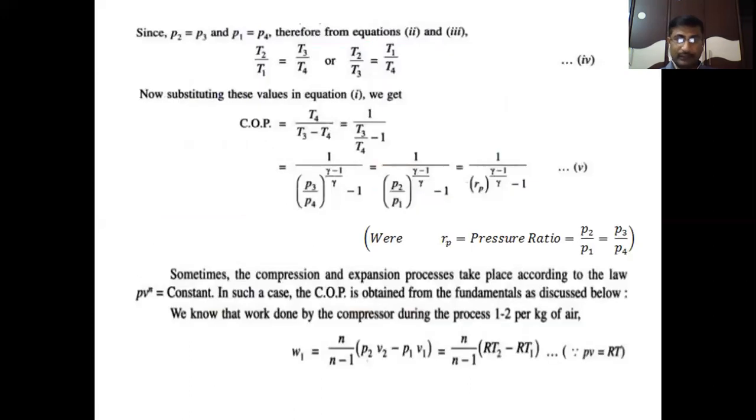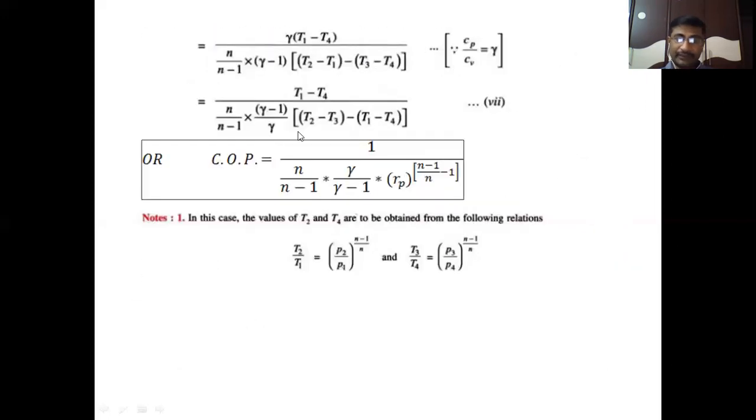Okay, students, these are the COP equations for the Bell-Coleman cycle. For isentropic compression and expansion, we can directly use the equation 1 by Rp power (gamma minus 1) by gamma, minus 1, for COP calculation. If the compression and expansion are polytropic, COP equals 1 by [n by (n minus 1) into (gamma minus 1) by gamma into Rp power (n minus 1) by n minus 1].